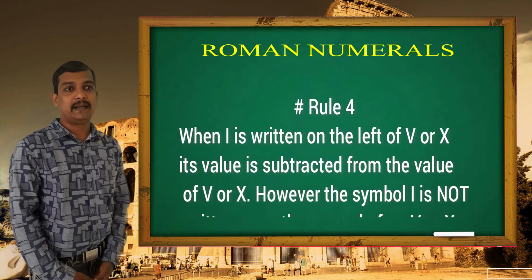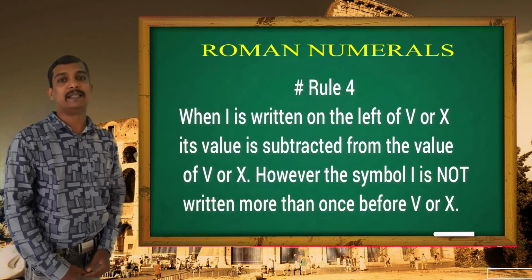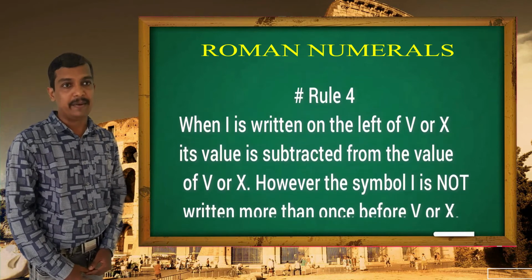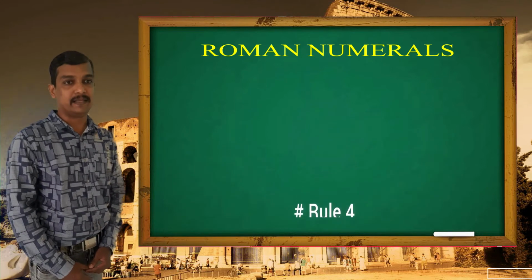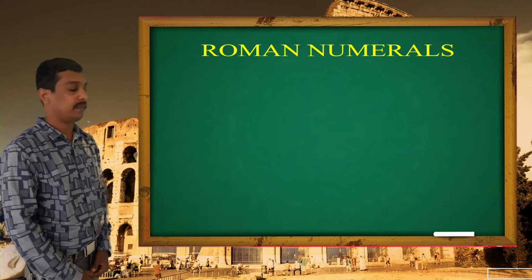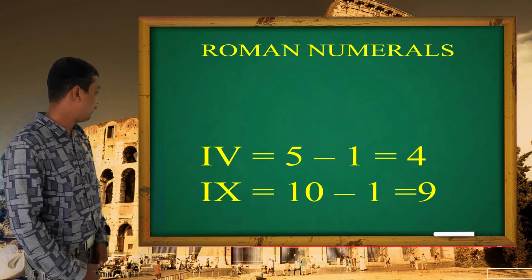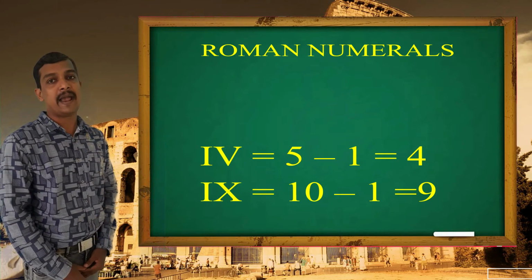Rule 4. When I is written on the left of V or X, its value is subtracted from the value of V or X. However, the symbol I is not written more than once before V or X. Let me explain this to you. If we write V first, then on its left side, if we place I, it will become IV.